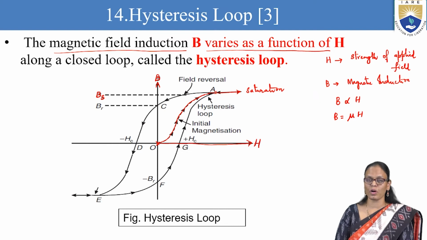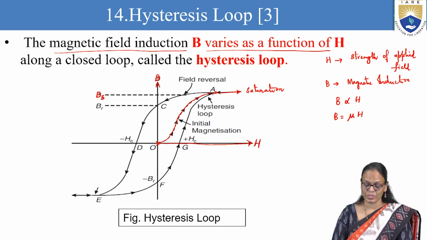At this point, we try to withdraw the applied magnetic field. When we start withdrawing the field, what we expect is that it should come back along the same path. When the field is withdrawn, the magnetic induction decreases, and when the field is 0, the magnetic induction should be 0.